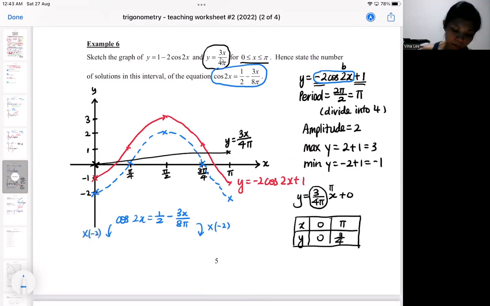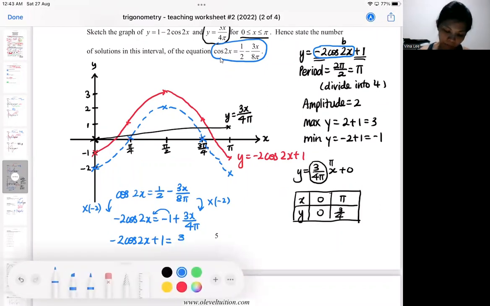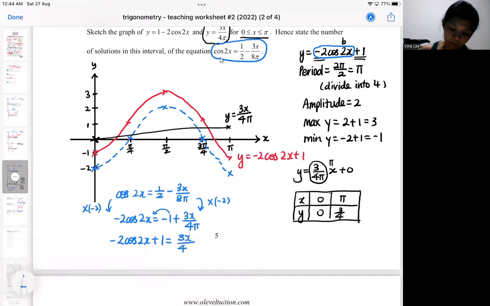So I'm going to multiply by -2, and shift it over. So I actually get my trigo graph equal to the straight line.